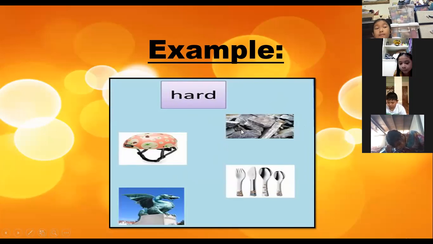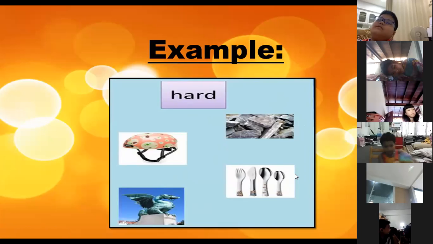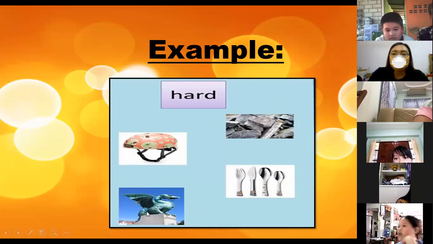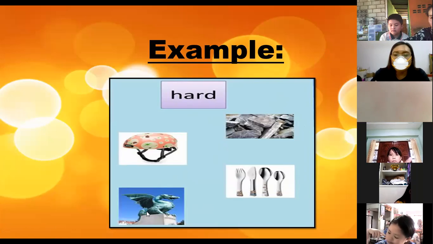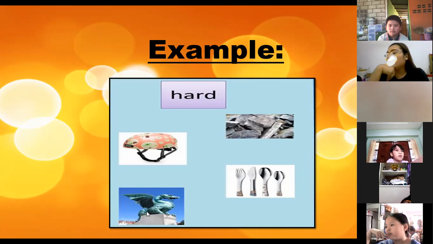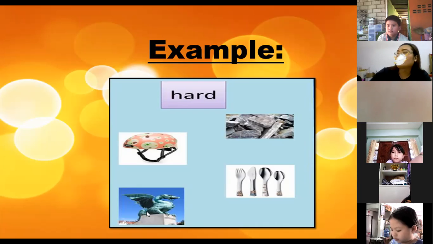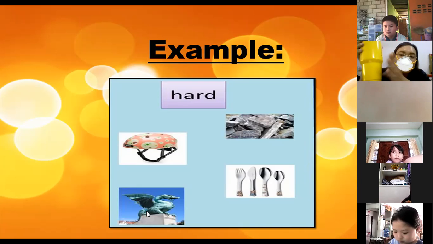What are the other examples? Stone, helmet, statue, spoon, what else? What else, class? Can you give me an example? What other materials are hard? This one, tumbler, this one is hard.